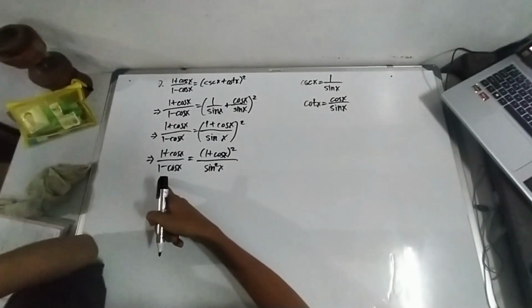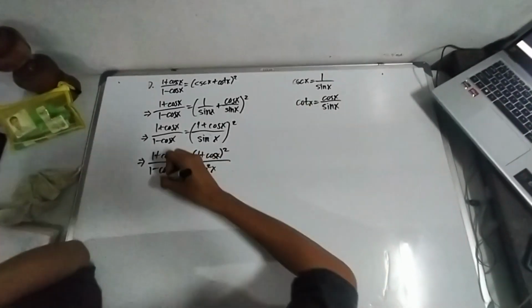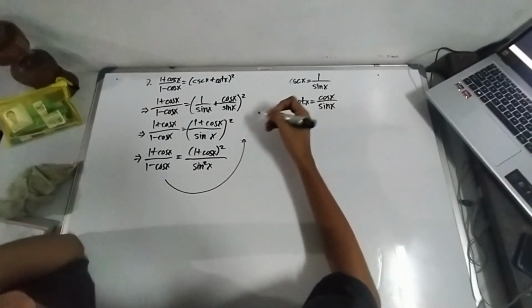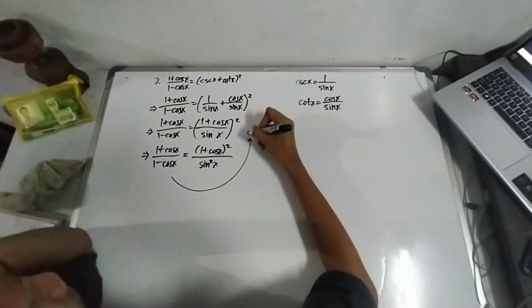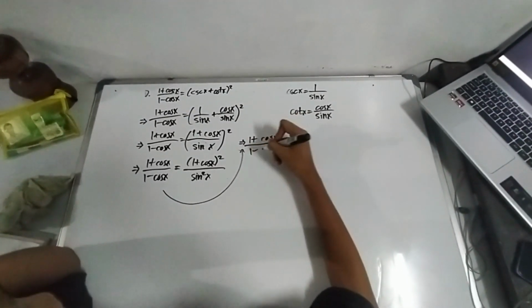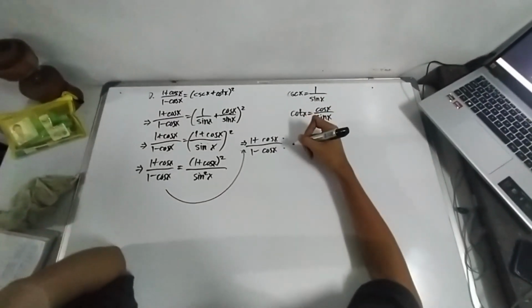So now let's try to make this equal to this. Let's go over here. So 1 plus cos x over 1 minus cos x. Let's multiply by the conjugate of the denominator.